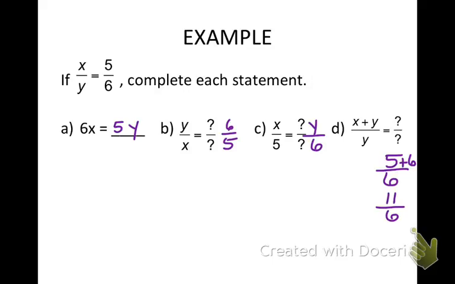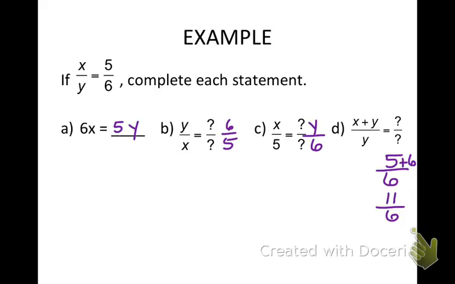Wouldn't that be a 5 since the last one? No, because your y is the original denominator. Oh, okay. So you're adding denominator to numerator. Okay? So it's 5 plus 6 over 6.